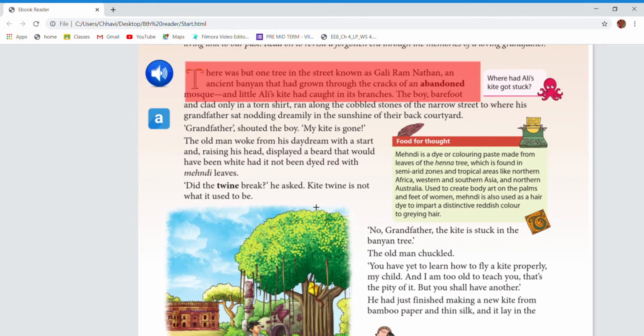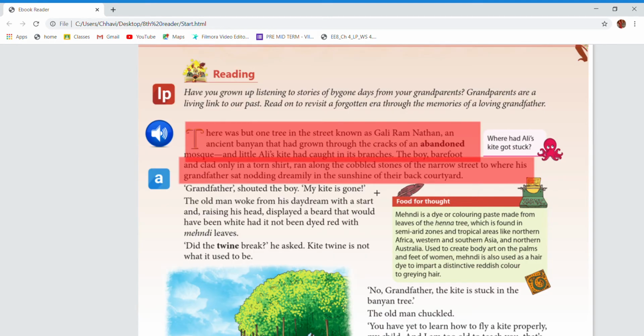The boy, barefoot and clad only in a torn shirt, ran along the cobbled stones of the narrow street to where his grandfather sat nodding dreamily in the shine of the courtyard. The boy was barefoot, he was not wearing any shoes or slippers, and dressed only in a torn shirt. Clad means dressed.